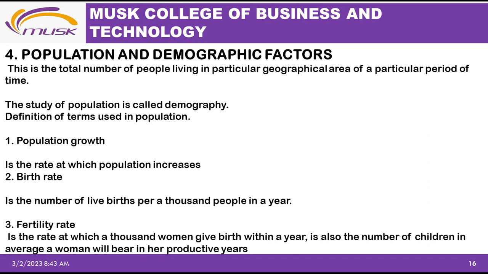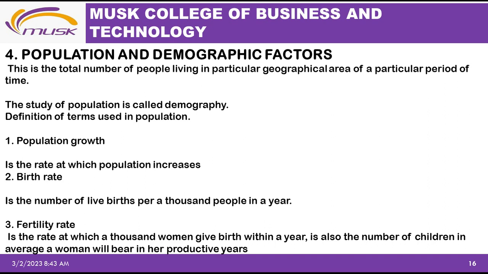Of course, we have other concepts around what we call stillbirths, death rates, or mortality rates, and that one is also captured in these particular definitions. Then we have the fertility rate, is the rate at which 1,000 women give birth within a year, and we can also define it as the number of children an average woman will bear in her productive years. So fertility rate has two meanings.